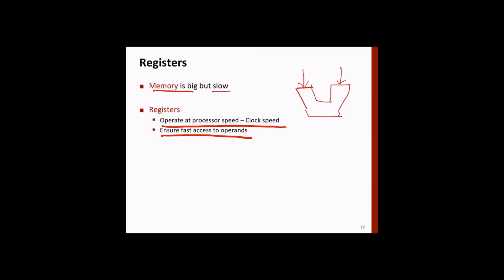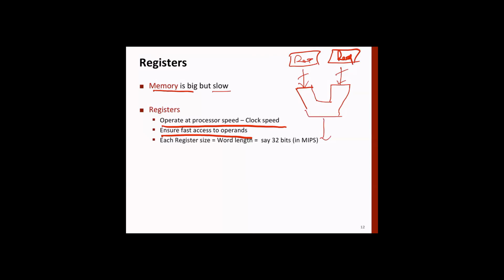Let's assume both come from registers. The registers are running at the same speed as the processor, so access is very fast. Had we brought data from memory, the ALU would have had to wait for some time, and it has to synchronize both data at the same time, right? So all that will complicate the logic and slow it down.